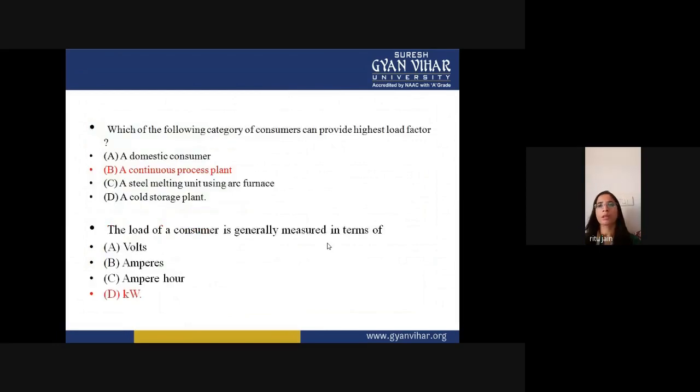Now, which of the following categories of consumer can provide the highest load factor? The continuous process plant always provides the highest load factor. If your load factor is high, then the cost of electricity generation will be less. Now the next question is, the load of a consumer is generally measured in terms of kilowatt.